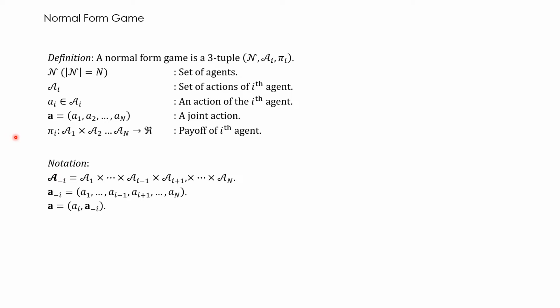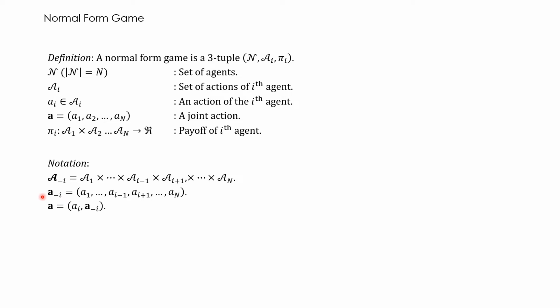Now here's some notation that's very specific to game theory. A subscript negative i is the action space, the joint action space of all agents excluding agent i. So these are the opponent agents. Negative i is the set of all agents in N except agent i. And so this is the joint action space of the opponent agents.